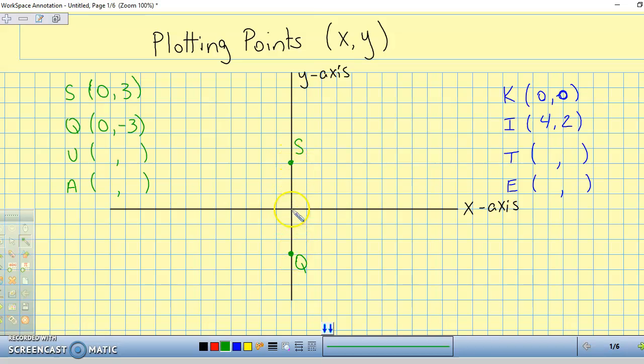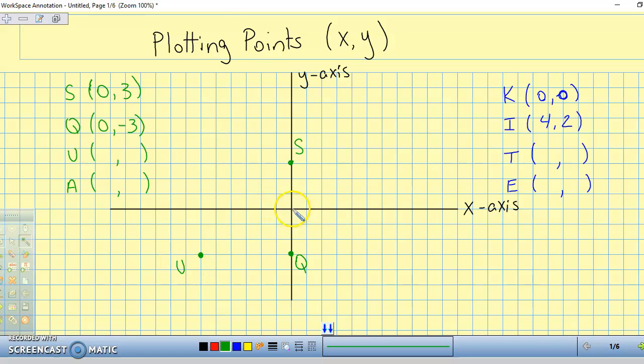So if we count here, I got 1, 2, 3, 4, 5, 6, a length of 6. In a square, you need to have a right angle as well. So that means I'm going to go 1, 2, 3, 4, 5, 6 to figure out U.